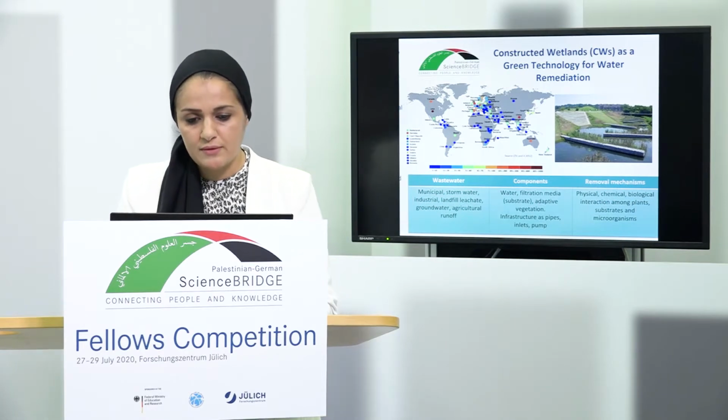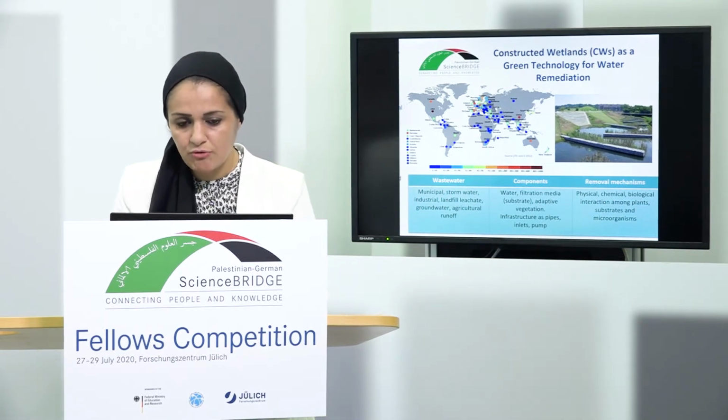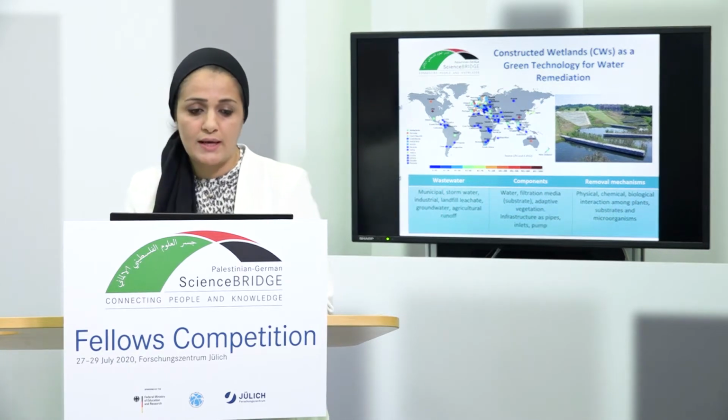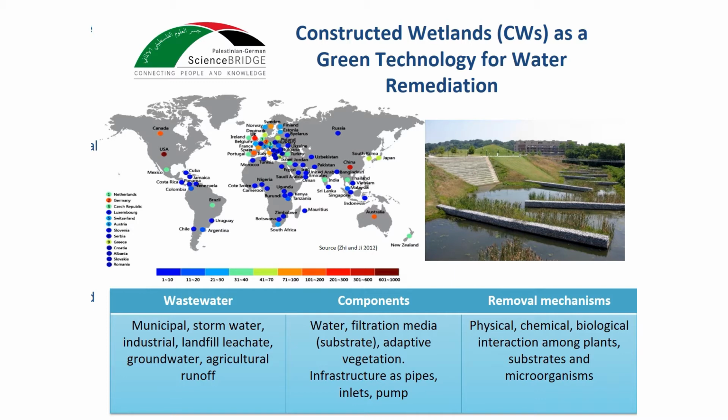On the map, the countries that have more than 600 to 1,000 constructed wetlands are the United States, followed by Canada, then Europe, mainly the Netherlands, Australia, and some in China. But the blue dots tell us that only 10 constructed wetlands are built there. We see those in Africa, the Middle East, North Latin America, and South Europe.